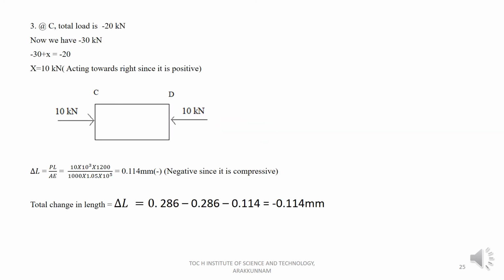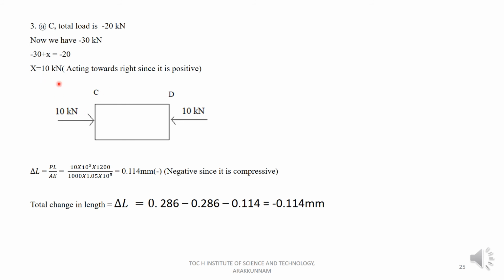Now at C, the total load is minus 20 kilonewton in the question, but we already used minus 30 kilonewton. So the remaining is minus 30 plus x is equal to minus 20. That is x is equal to 10 kilonewton, which is positive, acting towards right. Consider all the forces acting towards left as negative and all the forces acting towards right as positive.